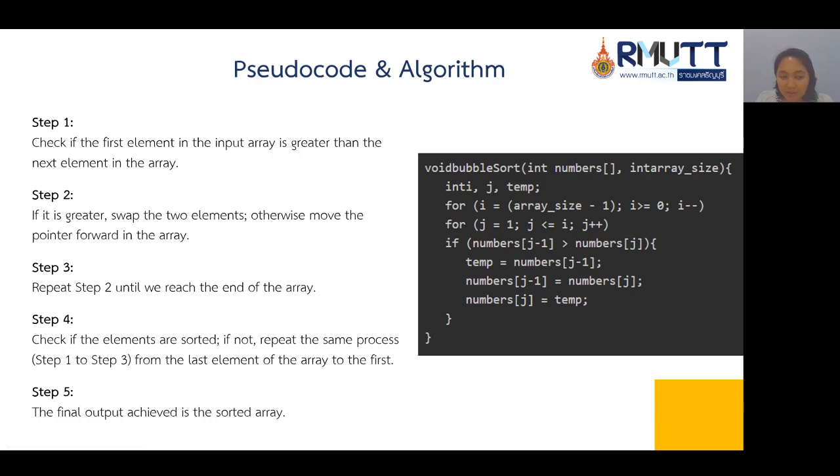For the third step, repeat step 2 until we reach the end of the array. For step 4, check if the elements are sorted. If not, repeat the same process from step 1 until step 3, from the last element of the array to the first. And the last step, the fifth step, the final output achieved is the sorted array.